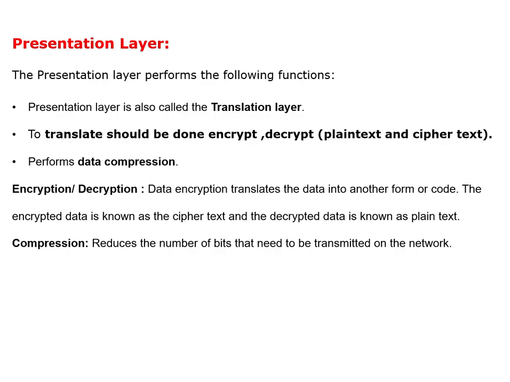Plain text means the actual information given by the user. Ciphertext means the converted message, that is, a secure message. Similarly, decryption converts the ciphertext to plain text. Encryption converts plain text to ciphertext, and decryption converts the ciphertext to plain text.